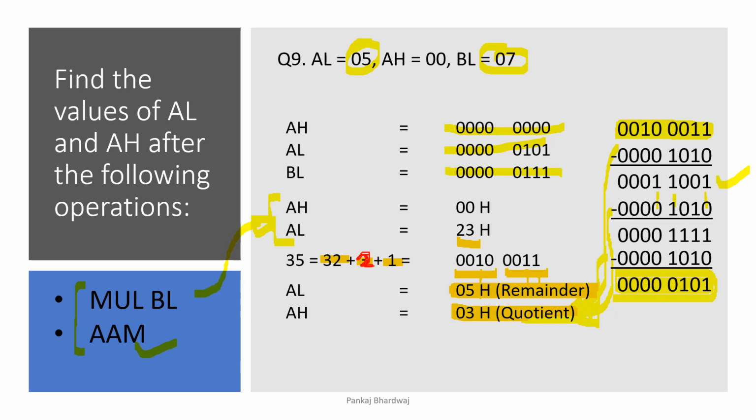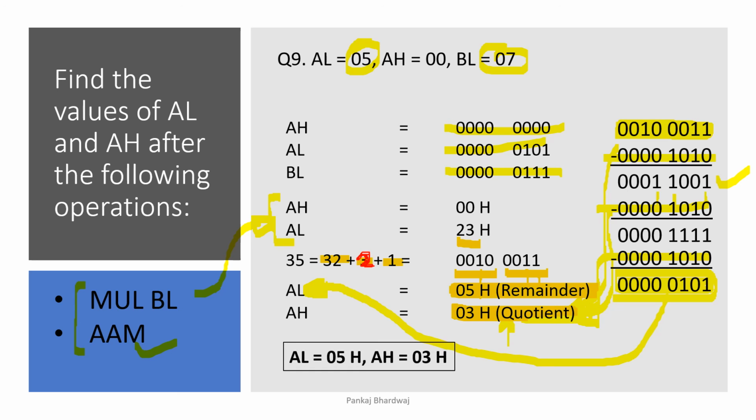Now we cannot subtract 10 from this 5 because the number will become negative. So this will be the remainder. That remainder will be stored in AL. And the quotient is basically the number of times 10 is subtracted from the data, which is 3. So this 3 will be stored as the quotient. So the result will be AL equals 5 because 5 is the remainder, and AH equals 3 because 3 is the quotient.